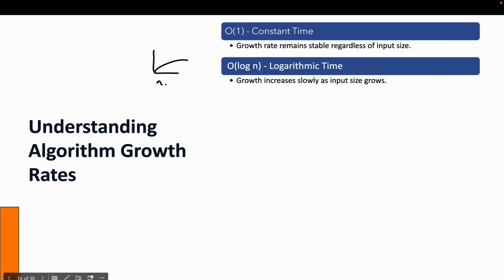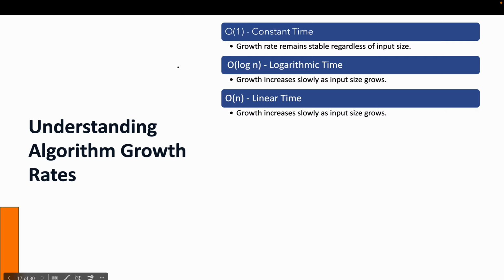So when you increase the size of input dramatically, you can see that the logarithmic function increases very slowly. It means that your algorithm has better performance. And then we have the linear time. The linear time increases as the input size increases. They have the same growth.